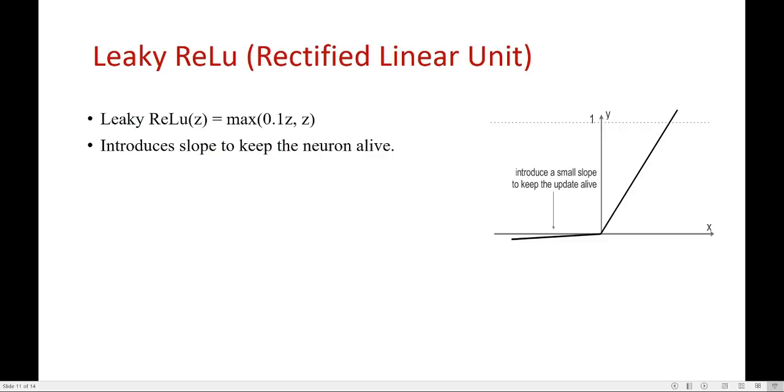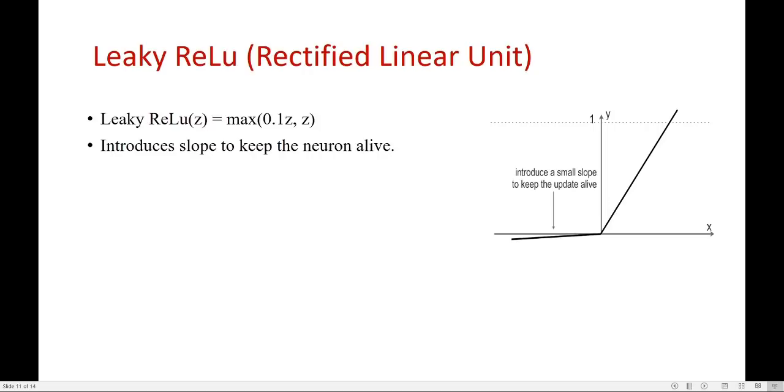Leaky ReLu is almost the same as ReLu, but with a small modification. Instead of directly taking 0 from the max function, we have attached a small multiplying factor to z. Its value is 0.1.